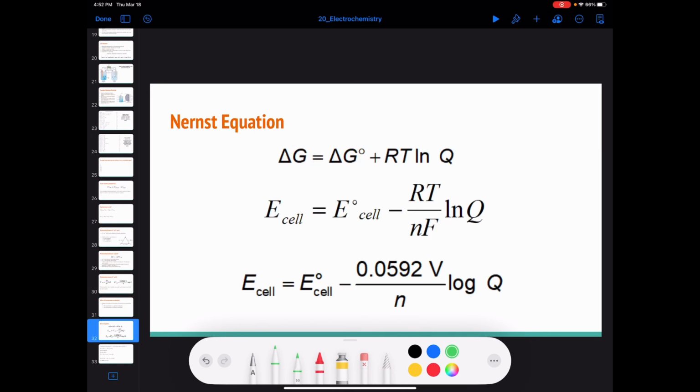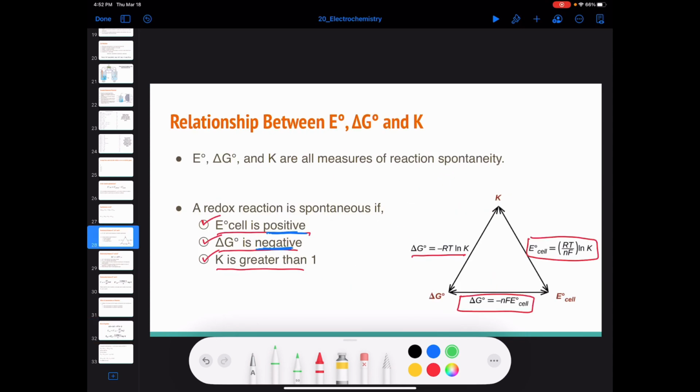All right, so we're almost done here. Let's finish up with a famous equation called the Nernst equation, where we can factor in our delta G value, and we can do this at equilibrium, which is what we saw before. But what if it's not at equilibrium?